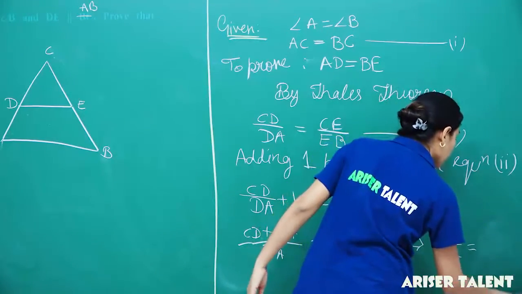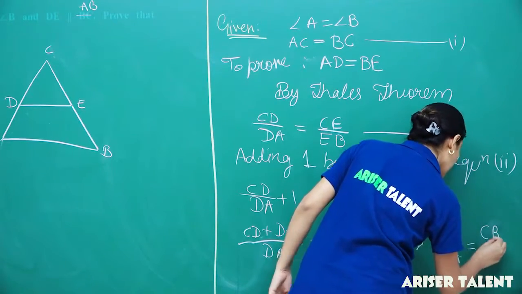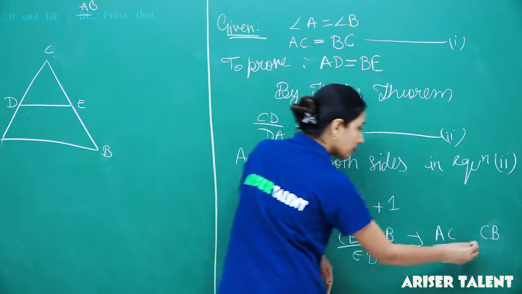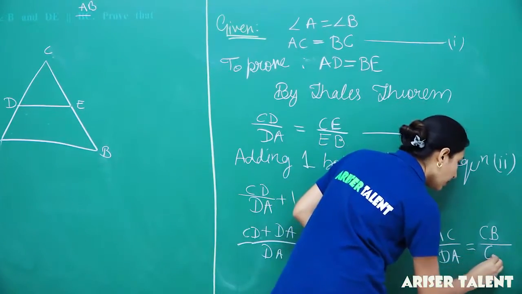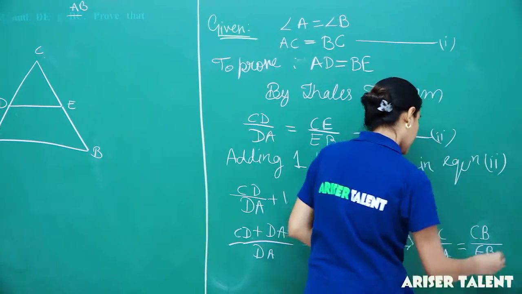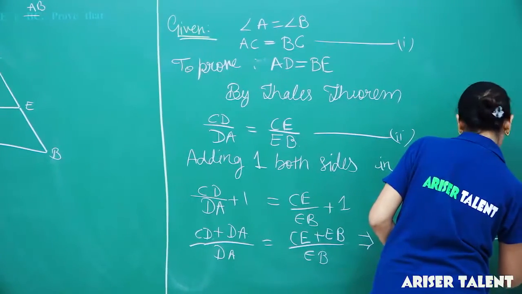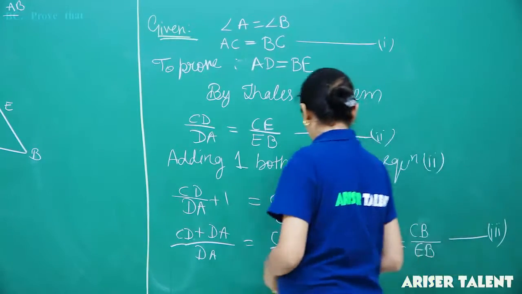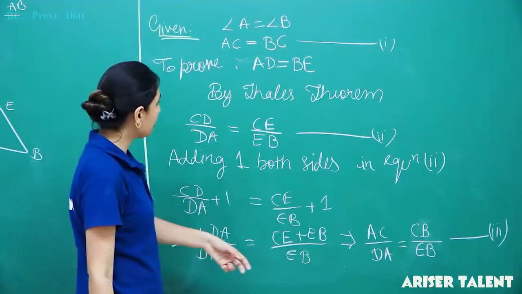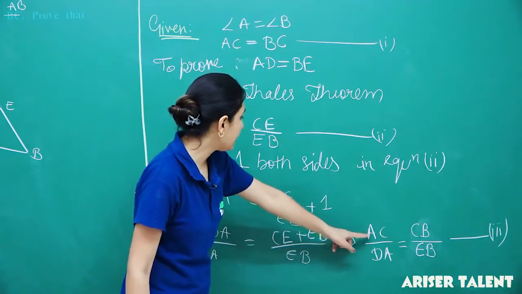CB. So we will write CB in place of this, divided by EB. That's equation third. Now in equation third, we have got AC by DA.